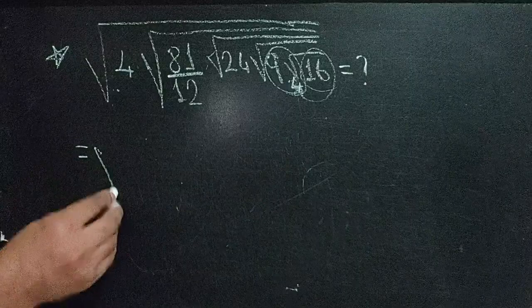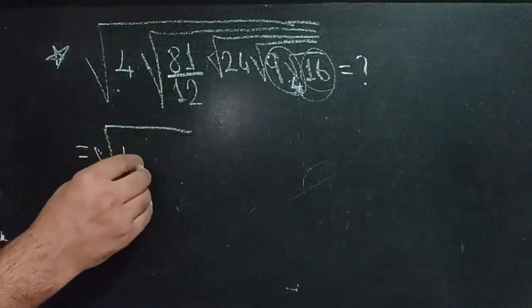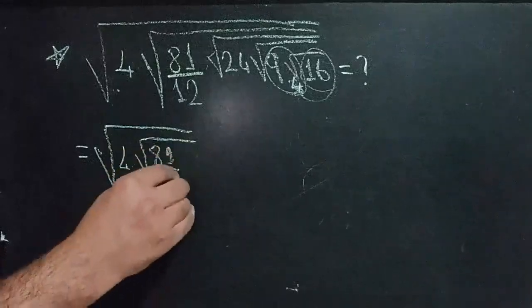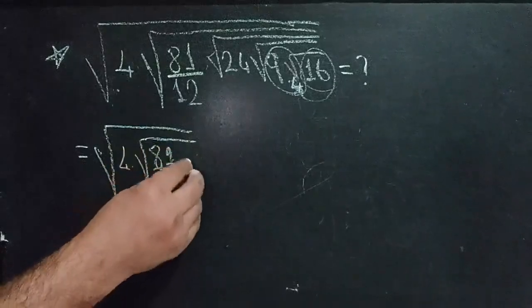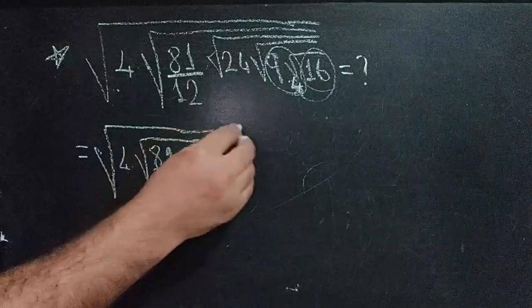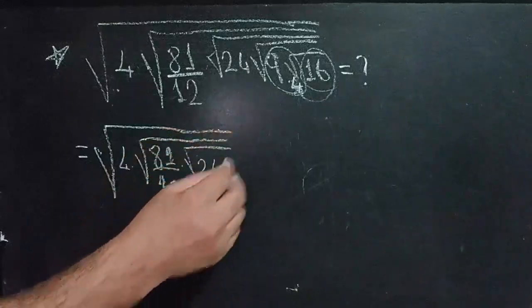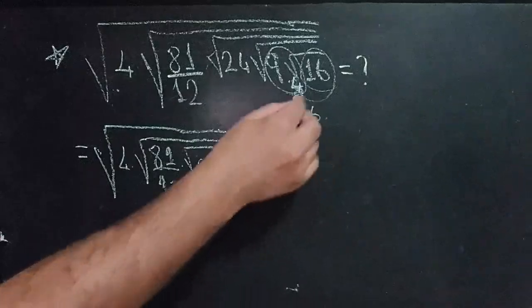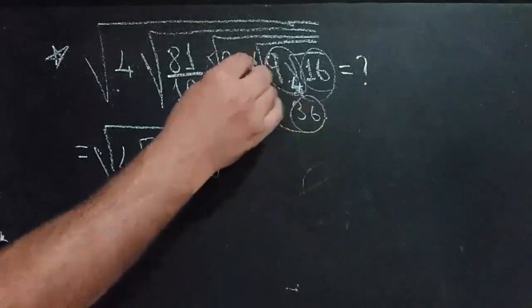Alright, that will be square root 4 times 81 over 12 times square root 24, and this one I told you, 36. 36 will come out as 6.